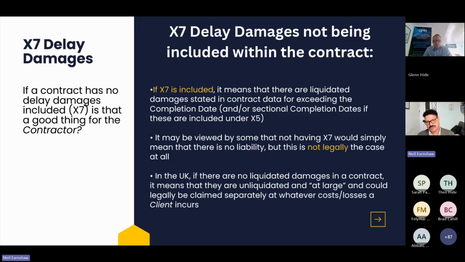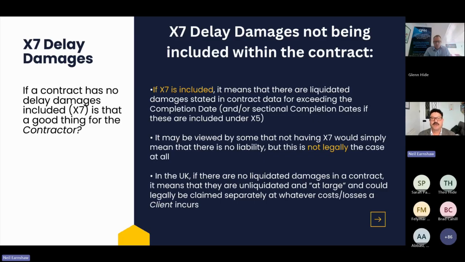However, what that means is that the damage hasn't been liquidated. If the contract is left blank and silent on the subject of damages, then the client obviously can't recover liquidated damages or delay damages, as they're called in NEC, because they haven't been included in the contract. However, legally, they do have a right to recover loss, unliquidated loss, which is basically whatever they can prove.